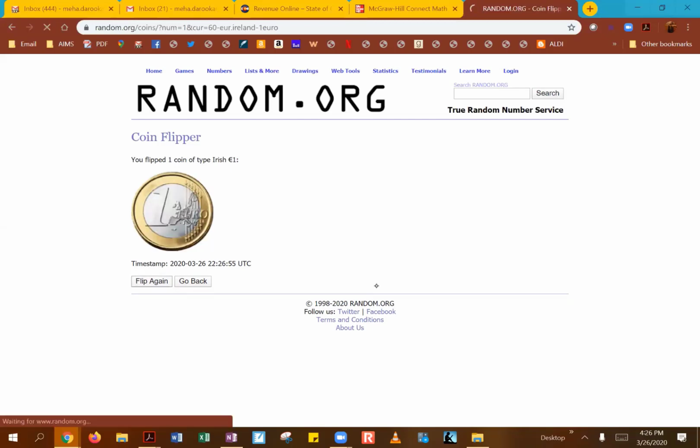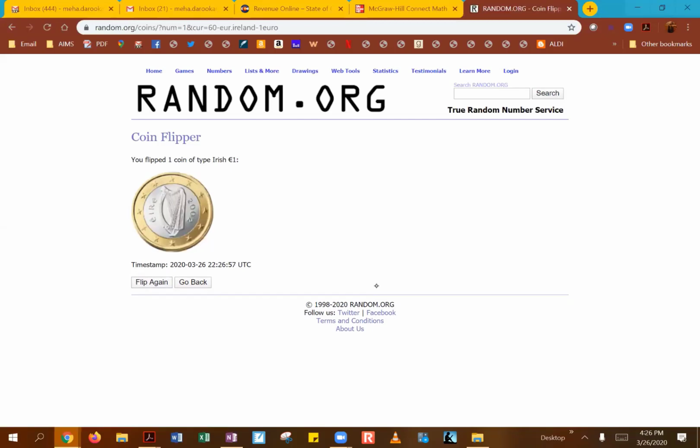Head again. So you can kind of see that every time we flip the coin, you're not always going to get that even result where it's going to give you 5 heads in a row and 5 tails in a row. It's going to keep changing. And if we keep a record of how many heads and tails we've got, you will see it's not always going to be half and half.